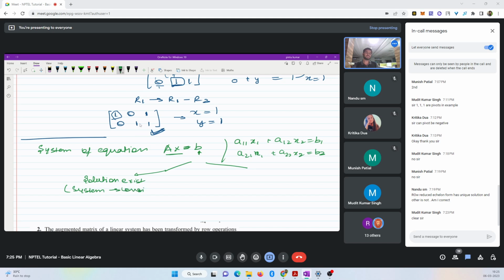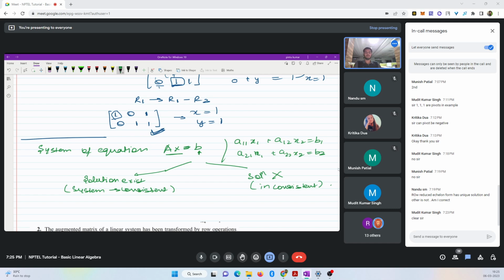If our solution exists, then we call it a consistent system of equations. If the solution does not exist, then we call it inconsistent.